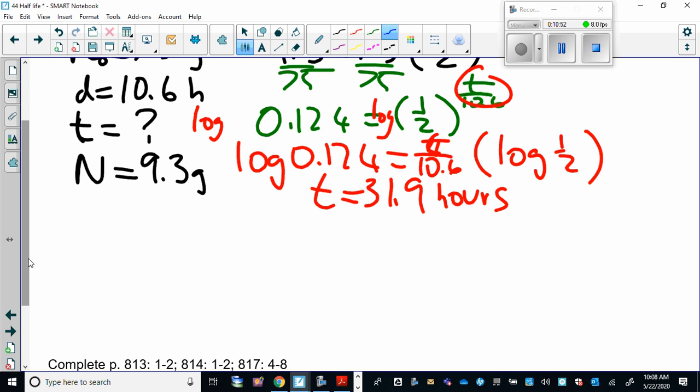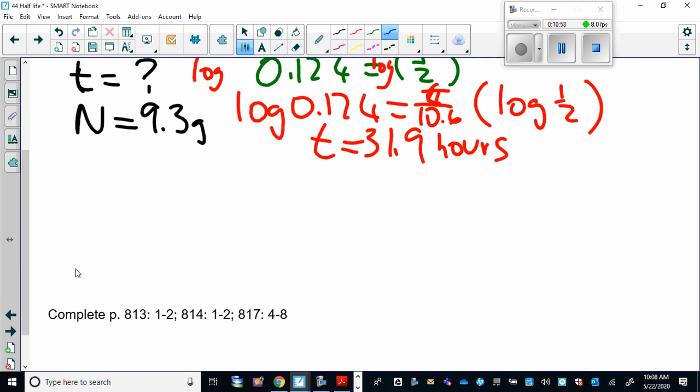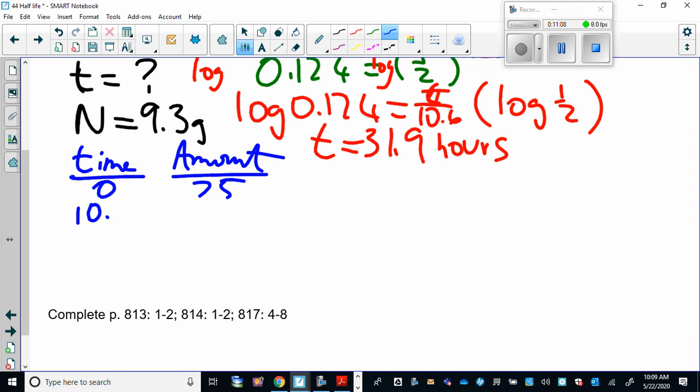You can just do it manually. If I started with 75, here's my time, here's my amount. At time 0, I have 75. After 1 half-life, after 10.6 hours, I'm going to have 37.5.